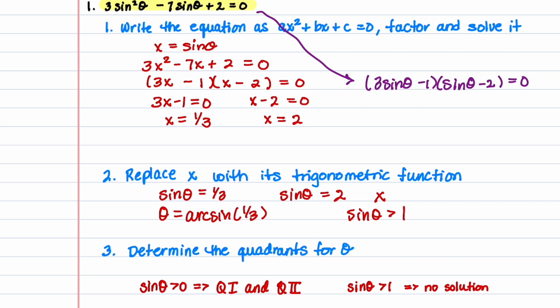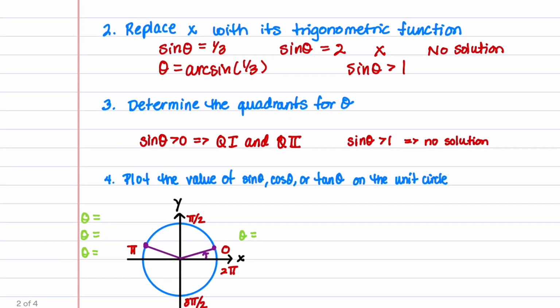And sine theta can never be greater than 1, so we're going to have no solution for this equation. When sine theta is 1/3, it's positive, so theta is going to be in quadrants 1 and 2. And then as I mentioned above, because sine theta is greater than 1, we're going to have no solution.